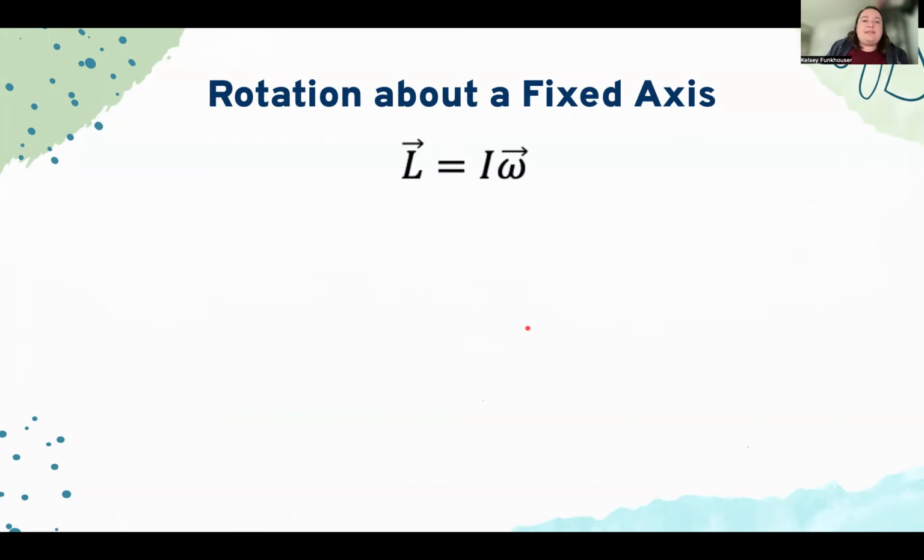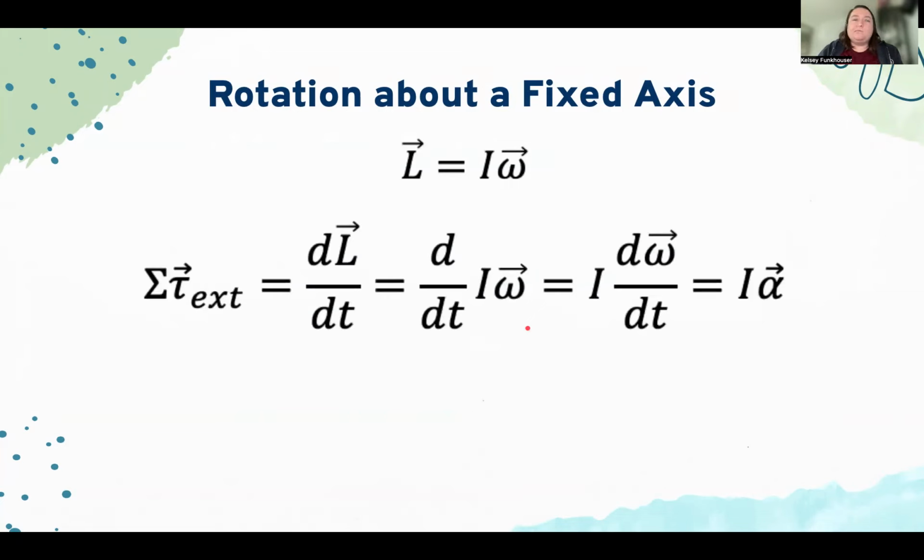If we plug in this equation for angular momentum, we get out Newton's second law for rotation. So we have this relationship that we established already, where the net external torque is the time derivative of the angular momentum, which is the time derivative of the rotational inertia times the angular velocity.